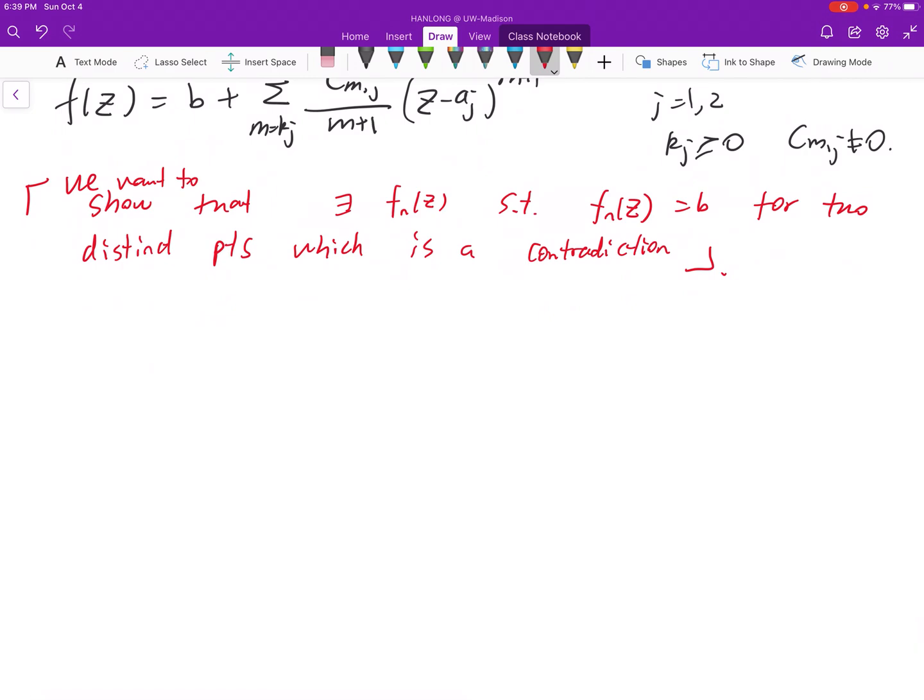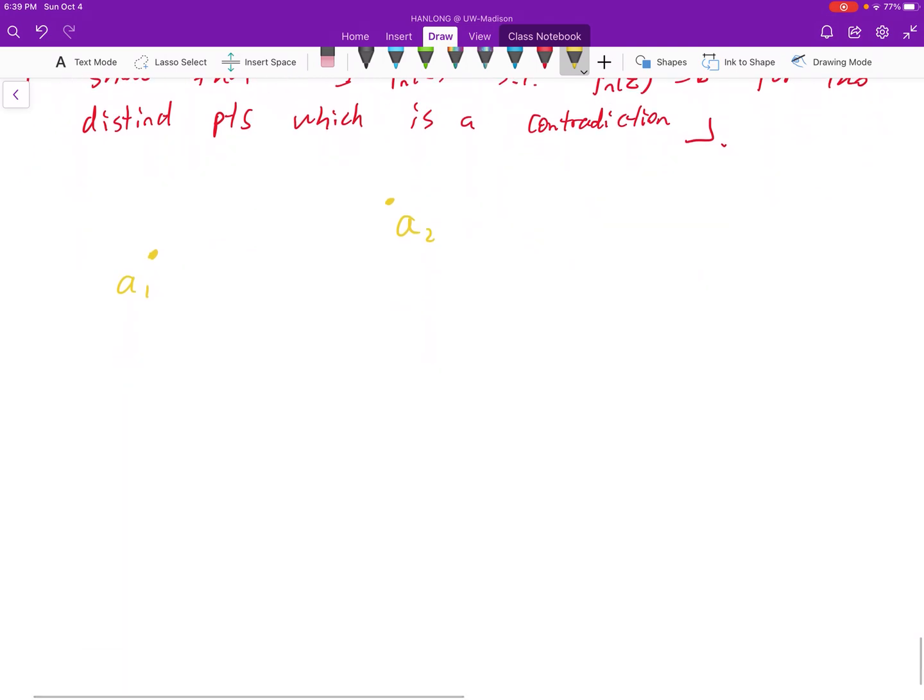So how to do this? Now what do you have? You have a domain and you have a1, a2. They both take value b for function f. Then we want to find a small circle such that the two points are separated by these two circles, and we want to show that fn has a zero inside each circle.